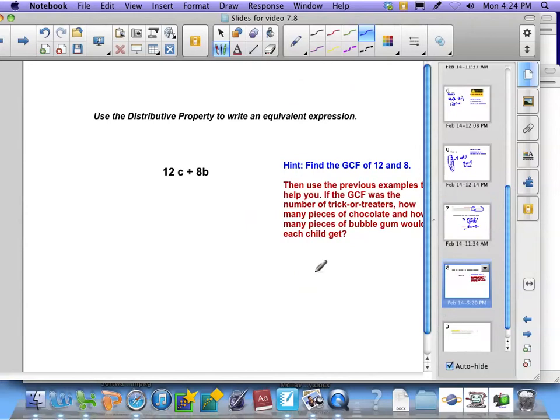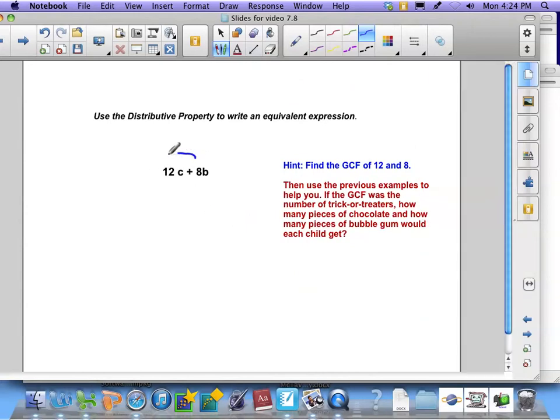In the final example here, sometimes you're going to get an expression like this, 12c plus 8b, and you're going to have to use the distributive property. We worked on this earlier in the year. The first thing to do is find the GCF of 12 and 8. The greatest common factor is 4.